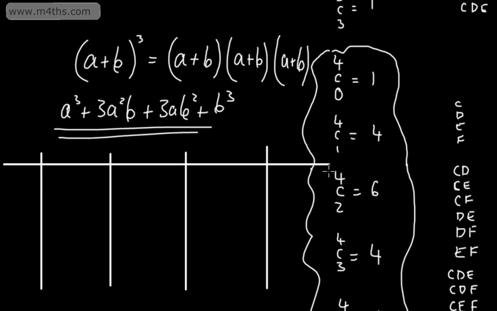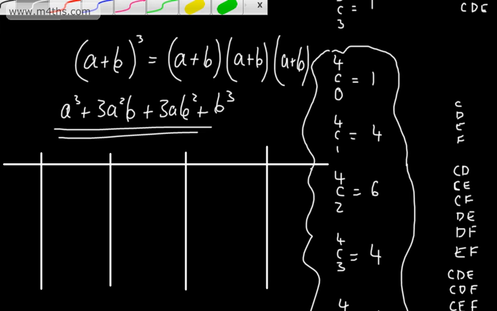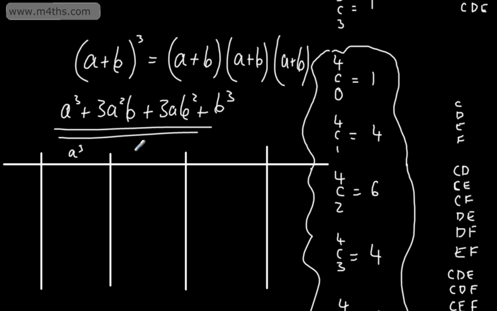This one is going to be now the a cubed. This will be the a squared. This is going to be a to the power of 1, and this is going to be a to the power of 0.